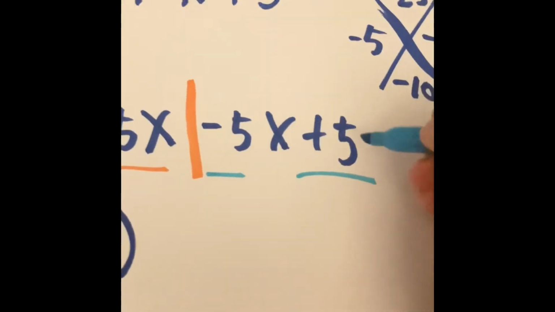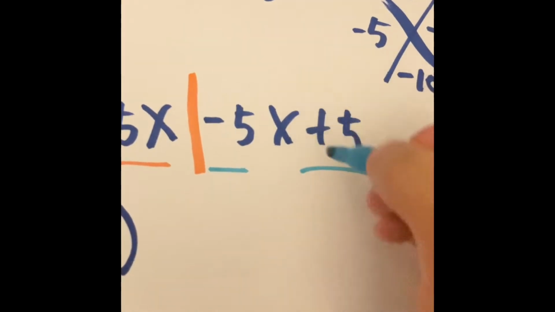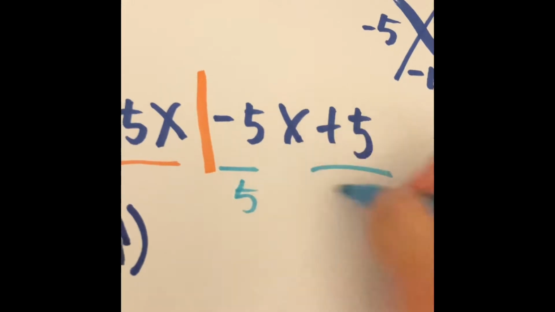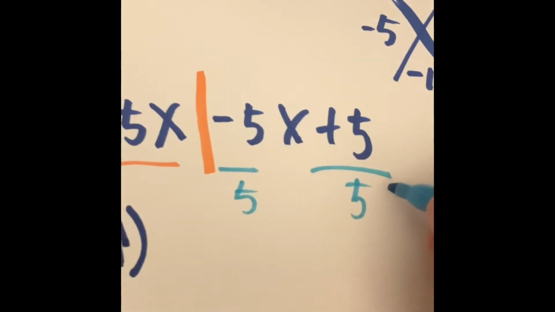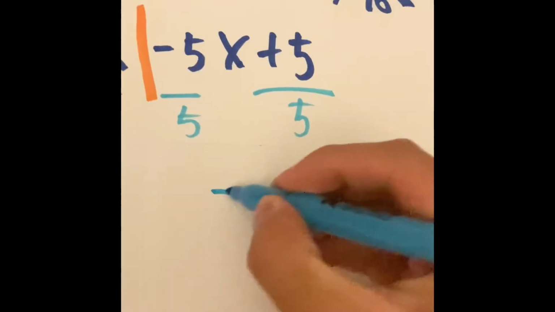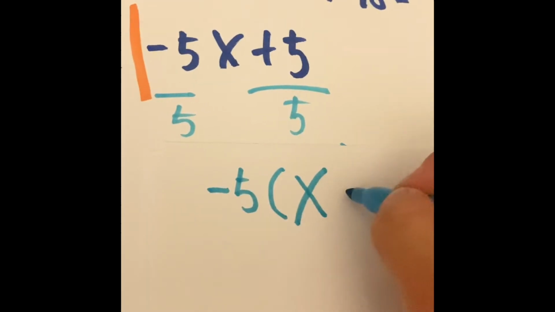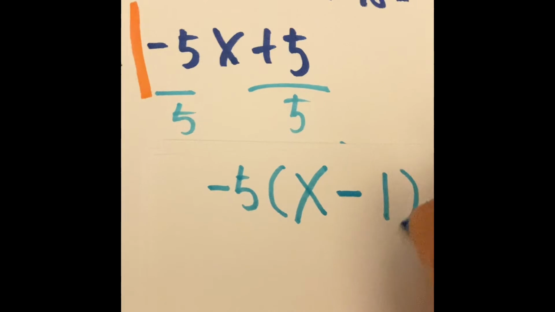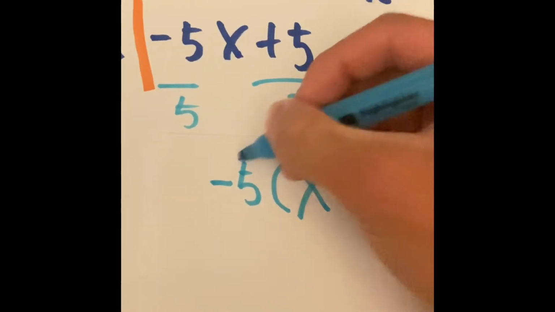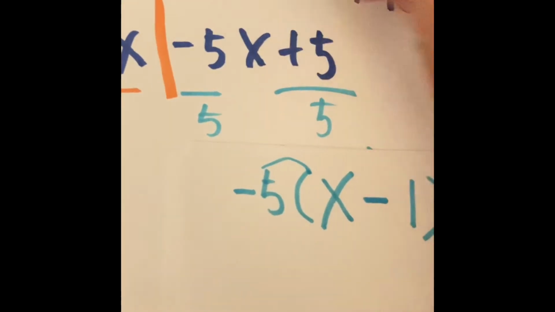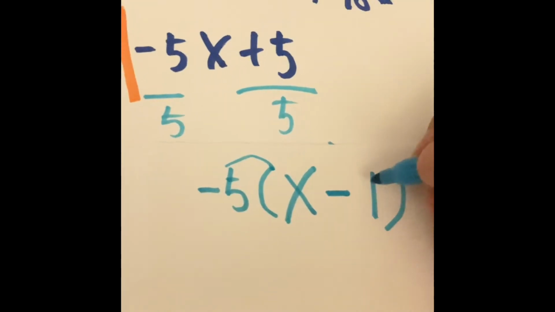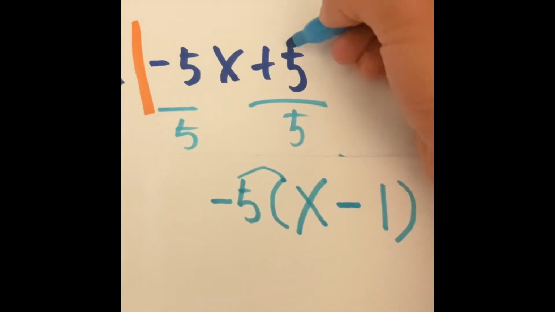Negative 5x and 5 can still be divided by 5. So we write negative 5, parentheses, x minus 1, because negative 5 times x is negative 5x, and negative 5 times negative 1 is a positive 5.